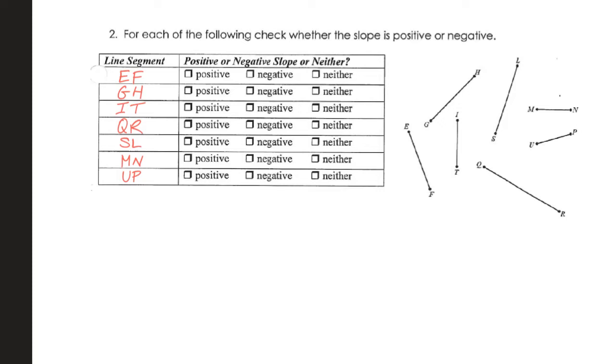For each one of those line segments, I want you to check off the box that matches best with that answer. So for instance, on line segment EF, does that have a positive slope, a negative slope, or neither? Line segment GH, positive, negative, and so on. I want you to try it for every single one of those line segments. And then we'll come back and see if we match up. Okay, so let's pause it now.